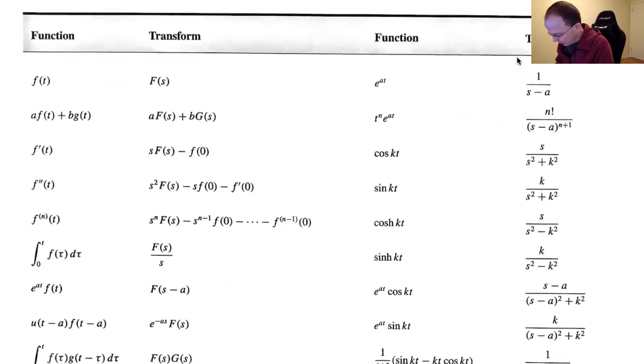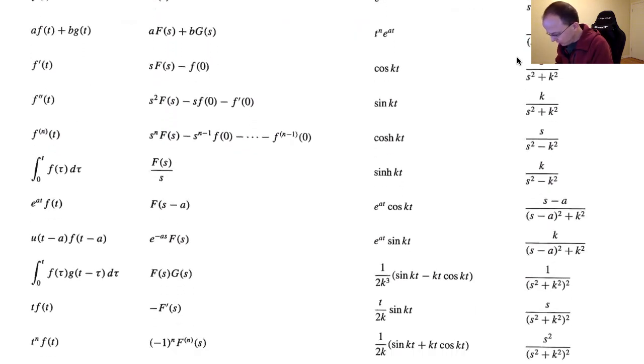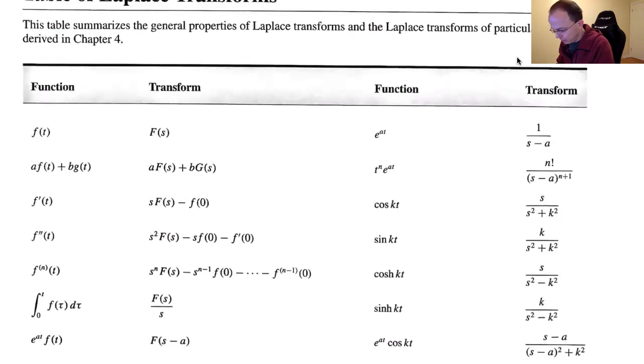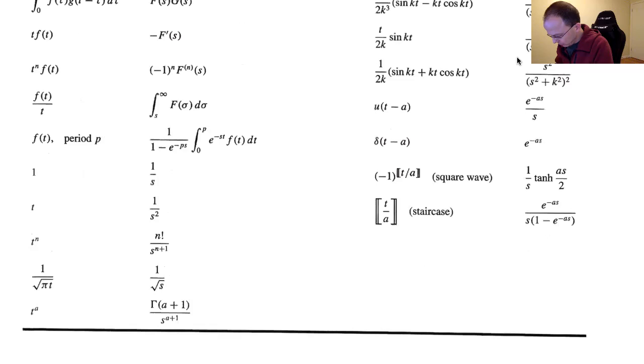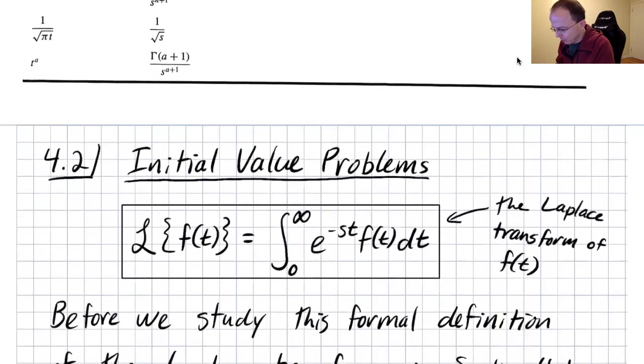For now, I won't go through this in detail, but in this lecture, I want to highlight a few of these properties that we're going to use today to solve some initial value problems. We're all going to become very familiar with this table.